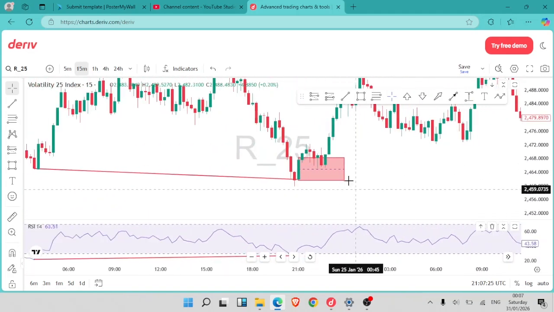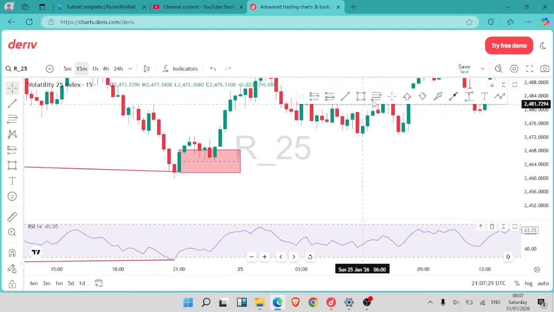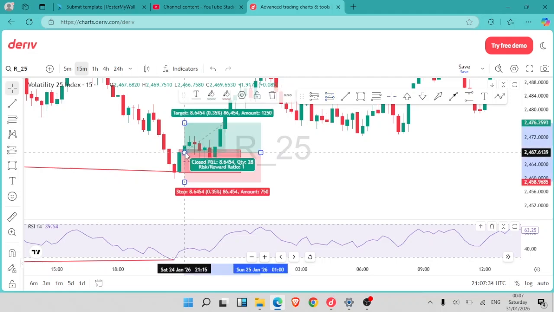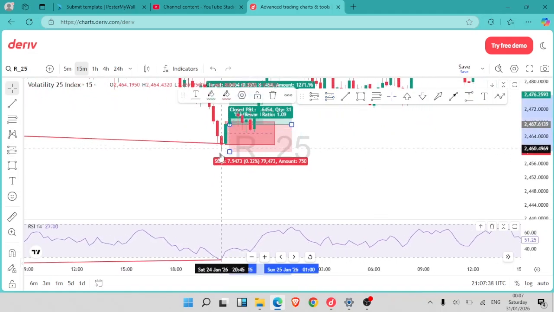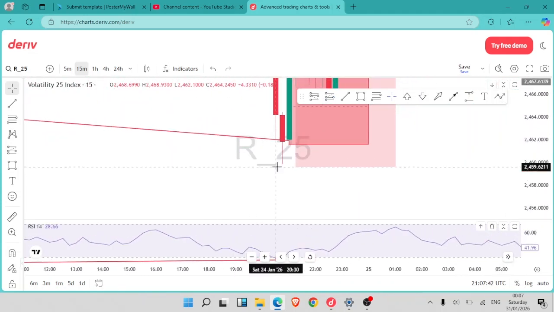So after the close of this engulfing pattern or candle, you want to take a trade here immediately after that candle closes, and stop loss below this engulfing pattern, and this engulfing pattern includes this low here.